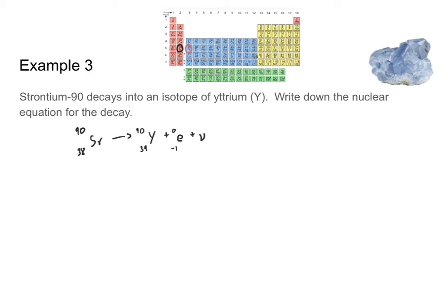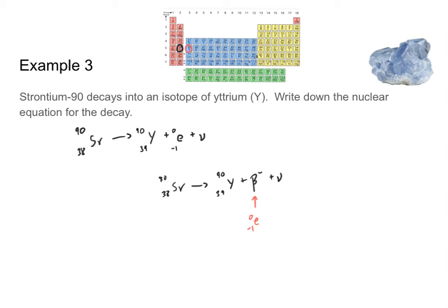Now, I do want to mention one other way that I could write this equation: Sr 90/38 turns into 90/39 Y plus beta negative plus my electron antineutrino. This beta negative is the same thing as saying negative electron decay.